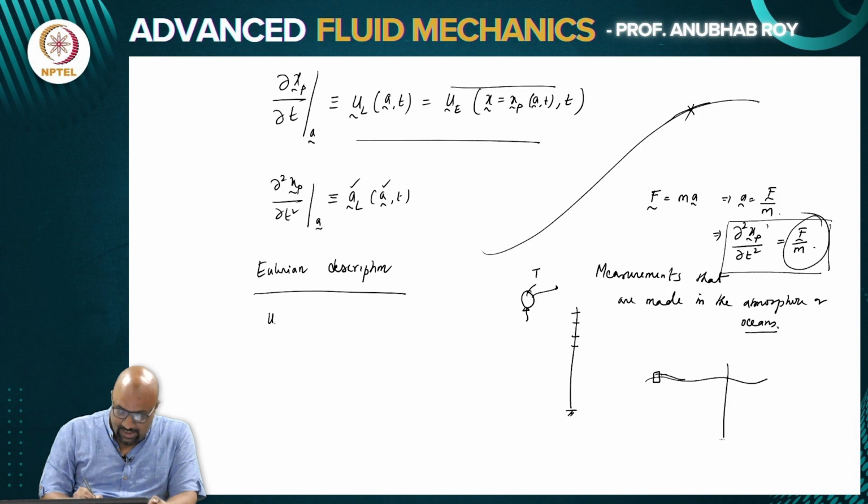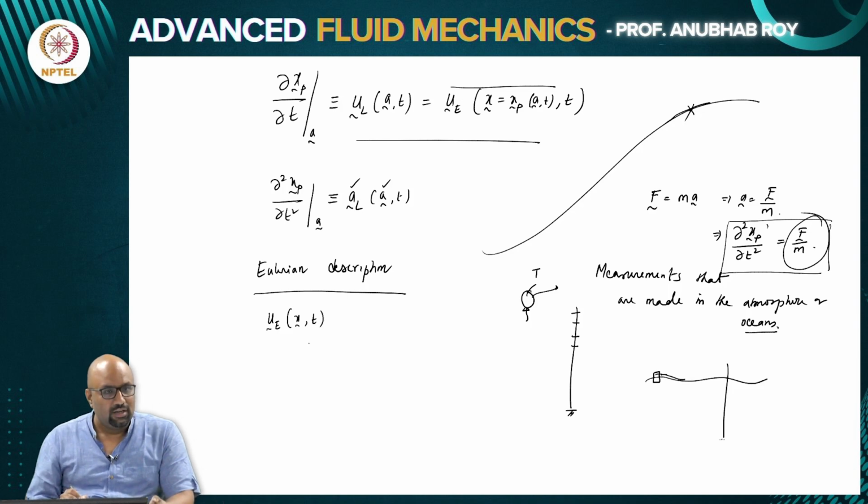As you can see, the Eulerian description is a function of the position and the instant in time being independent variables. In the Lagrangian description, the independent variables were your initial condition and the instant in time, whereas here the independent variables are your position in space and the instant in time.